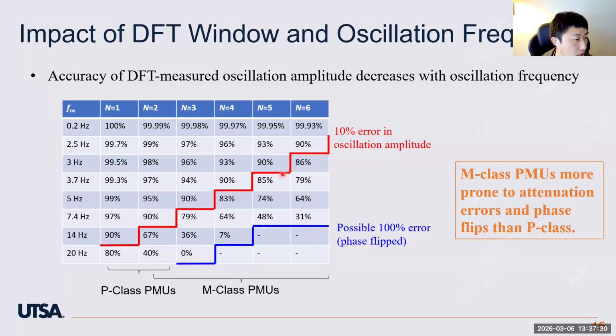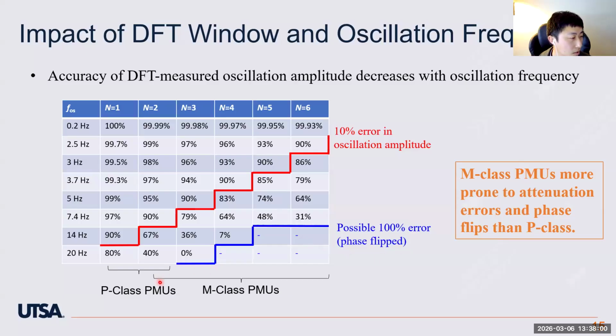So represented by the red line here. So if you look at this blue line, at the phase flip frequency, that's equivalent to like 100% error. So basically, if you don't choose your DFT window carefully, the oscillations in the waveforms can be completely invisible in your PMU data.